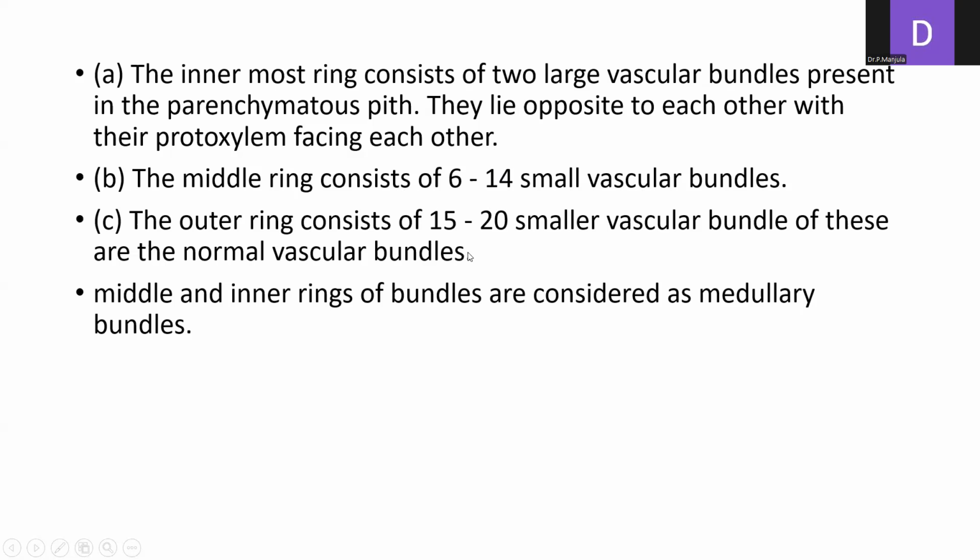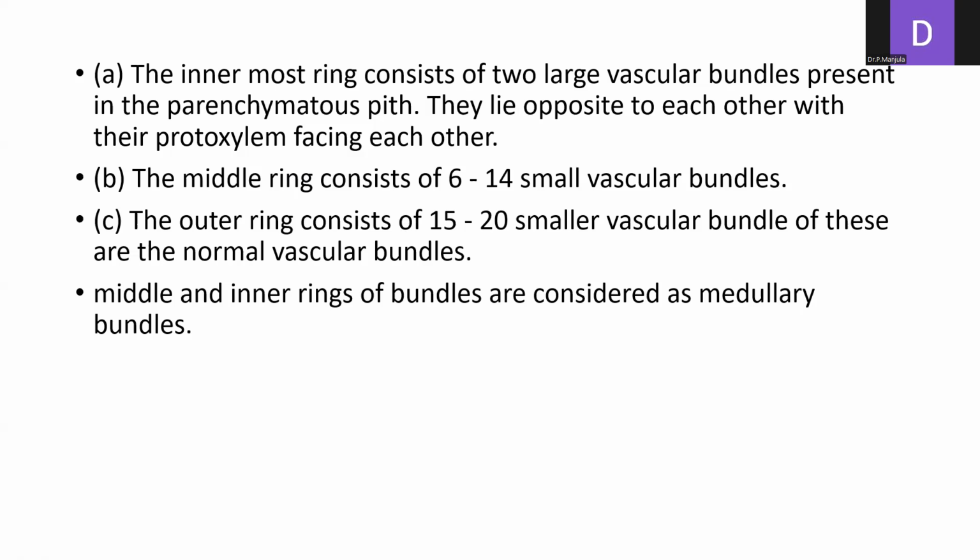The outer ring consists of 15 to 20, the middle ring 6 to 14, and the inner ring 2. The middle and inner rings of bundles are considered medullary bundles. In Achyranthes only two medullary bundles are present, but in Boerhavia two rows of medullary bundles are present.